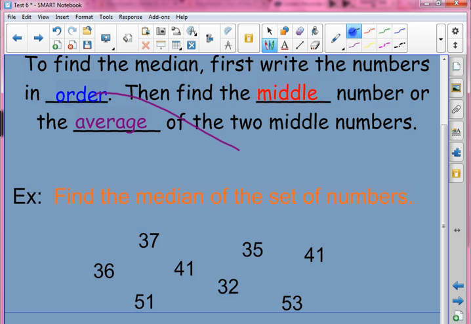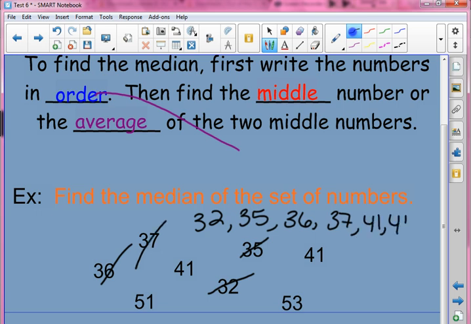My smallest one is 32. My next smallest one is 35. And then 36. And 37. 41 twice. 51. And 53.